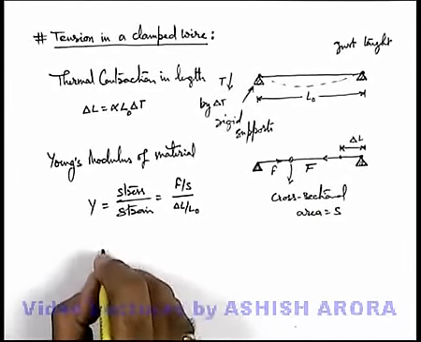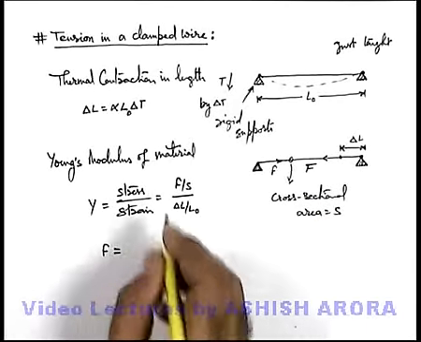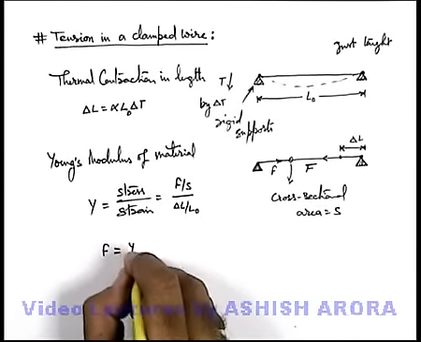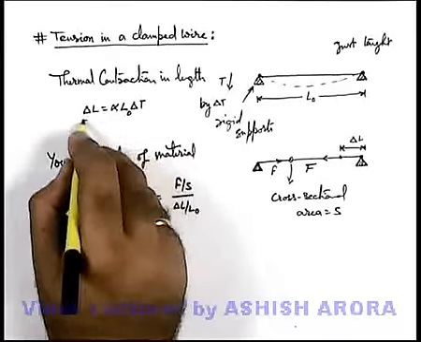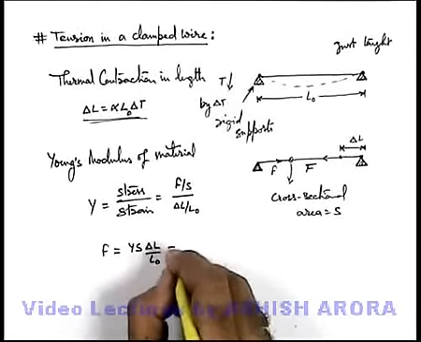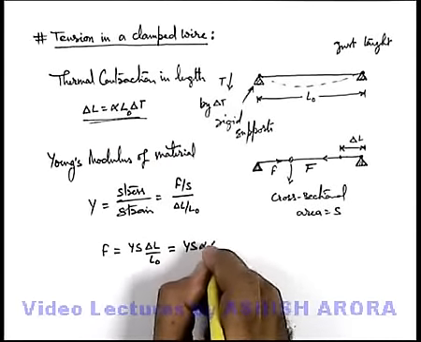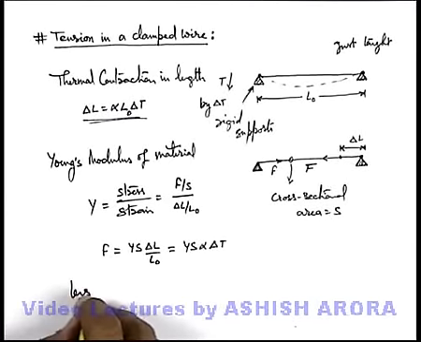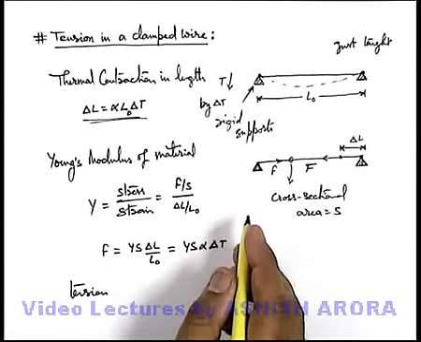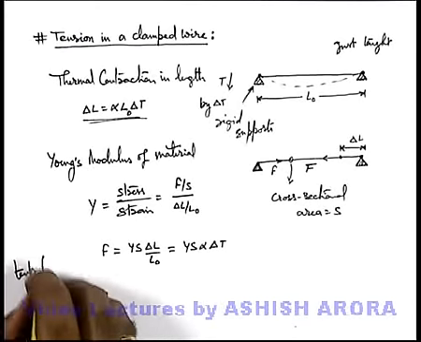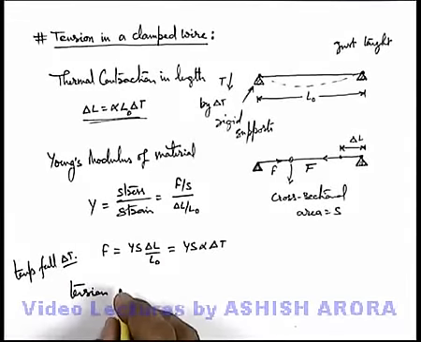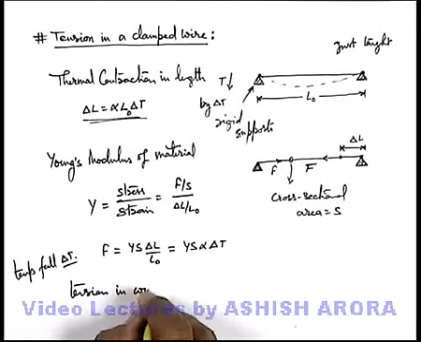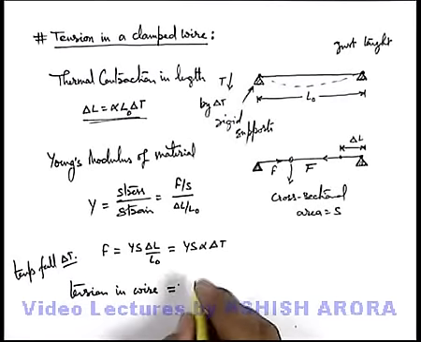So the tension in the wire can be written as Y S delta L by L0, and delta L by L0 we can write as alpha delta T, so it can be written as Y S alpha delta T. So due to a fall in temperature by delta T, the tension in the wire is equal to Y S alpha delta T.